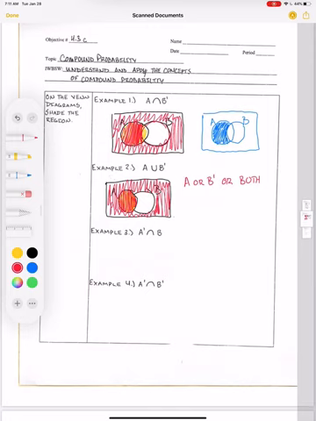So in this case, everything that we just shaded, we're going to keep. And this would leave us with the intersection, or pardon me, the union of A, not B.